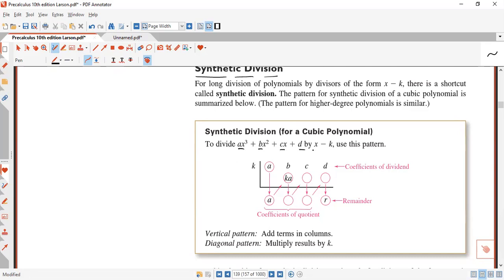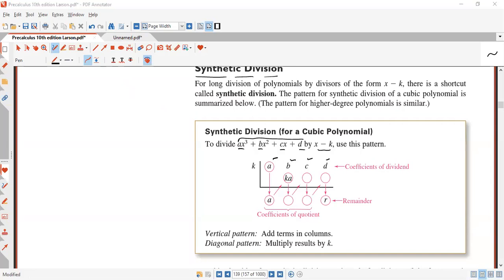So while dividing any polynomial with synthetic division, you have to write coefficients in descending order, and if any term is missing, you write a 0 in its place. So this is the coefficient of x cube, coefficient of x square, coefficient of x, and the constant here, and we are dividing by x minus k.